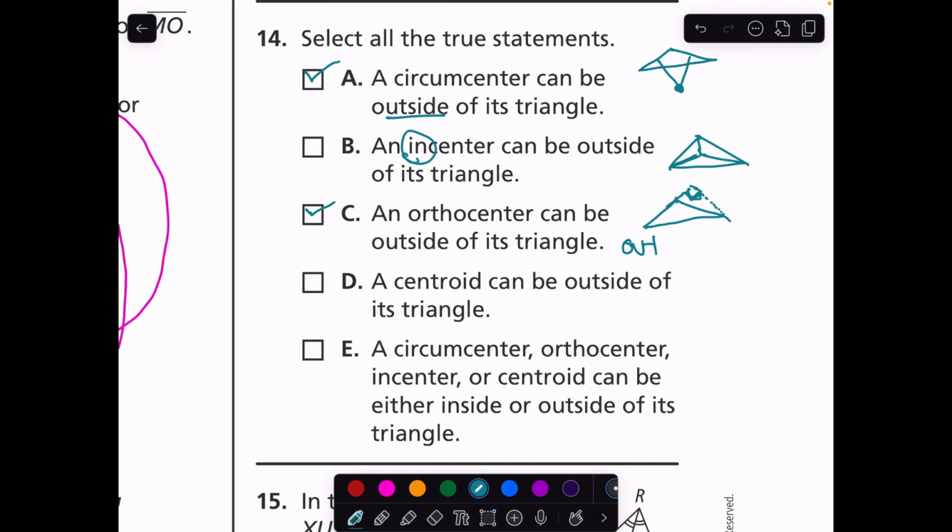The centroid, since on a triangle the centroid is doing the midpoint, like those are all the midpoints to the opposite vertex, it's always going to be in, so it can't be that one. So I'm going to put no and no on this. And then they all can be either inside or outside. No, because the incenter always has to be inside, and the centroid always has to be inside. So no to that one.